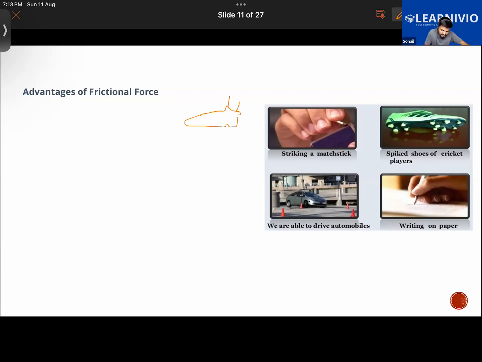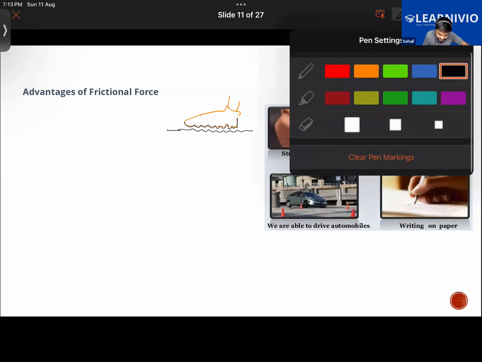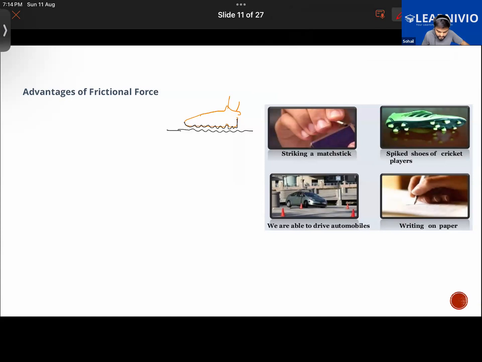We will basically slip. So we know that the soles of the slippers are made rough on purpose. So the friction between the ground and our sole is maintained, and we do not slip while walking on the road. Many times if the sole becomes very smooth, you will slip on the ground.